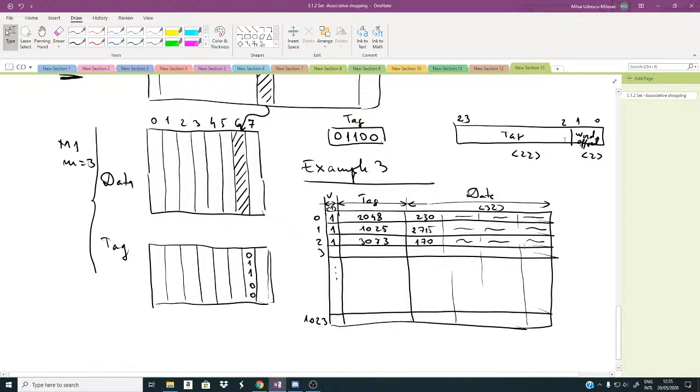Now, in what follows, I'm going to give you a bigger or stronger example.